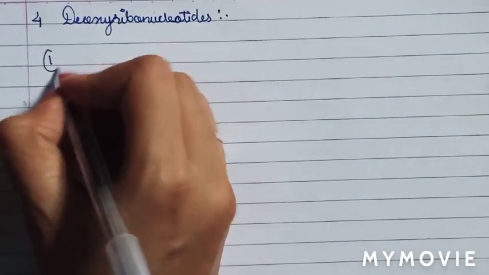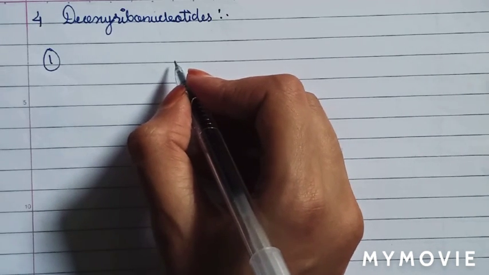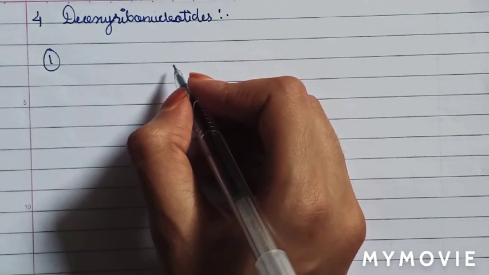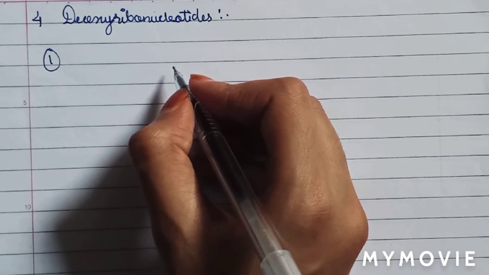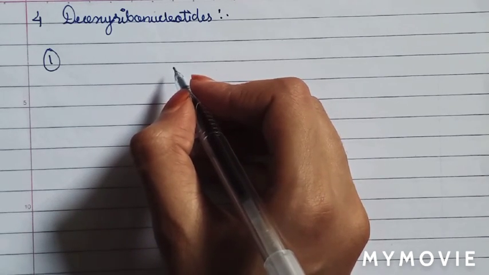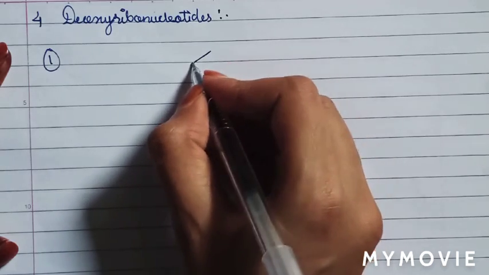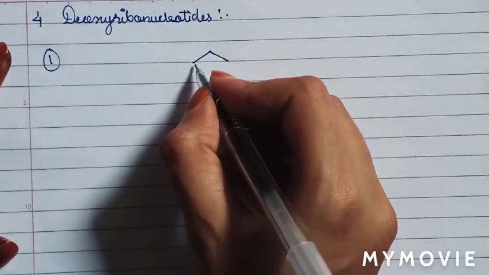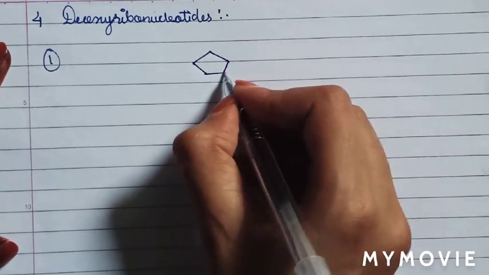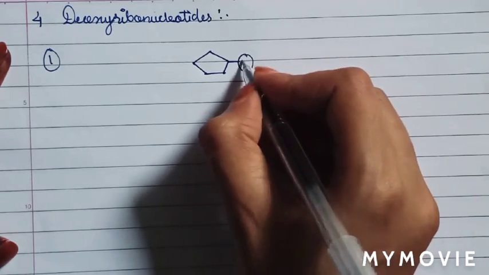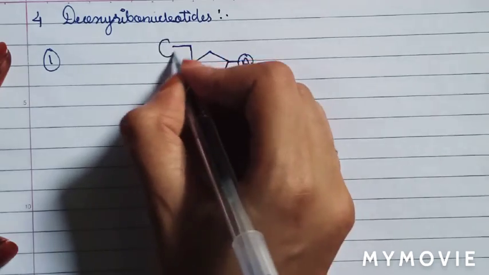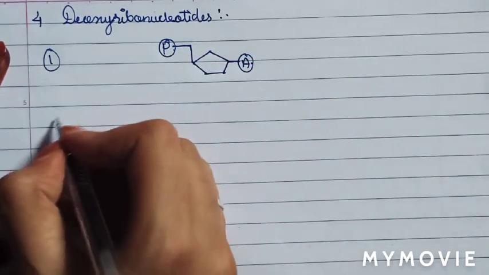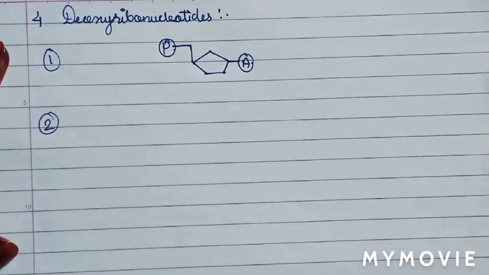The first one you can see here: we know that the nitrogenous base is attached at the first carbon of the pentose sugar and the phosphate group is attached at the fifth carbon. So we will draw the structure of the nucleotide. Here the nitrogenous base adenine is attached, and here the phosphate group is attached. This is one type of deoxyribonucleotide.